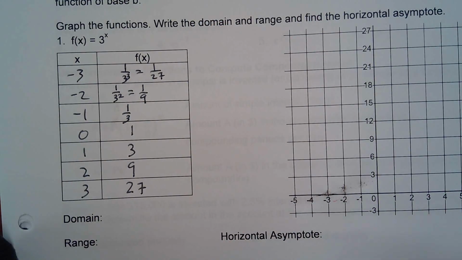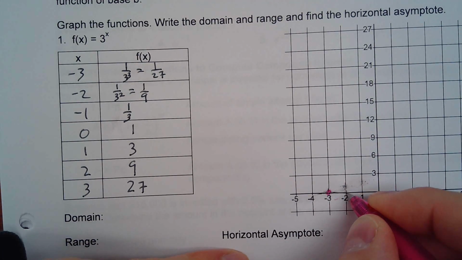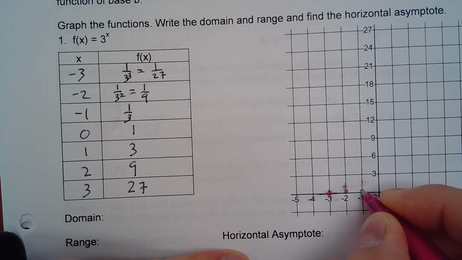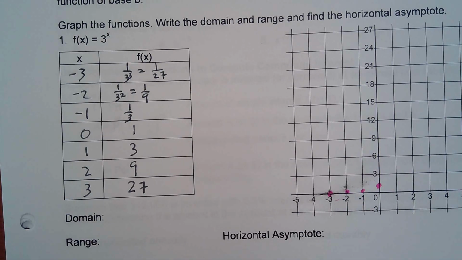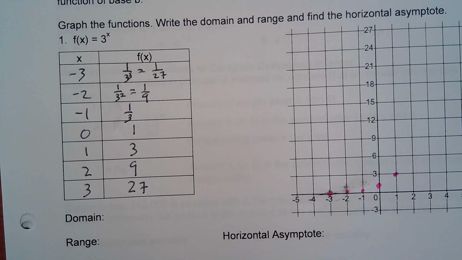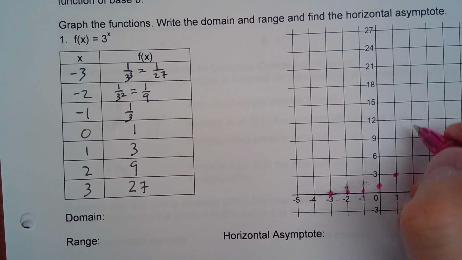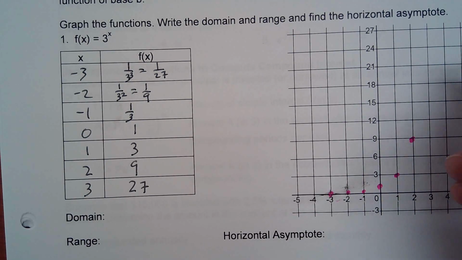Oh boy, that didn't work very well. Must have had something on there. Sorry about that. So 0, 1 is about here. 1, 3 is here. 2, 9 is here. 3, 27 is up here.